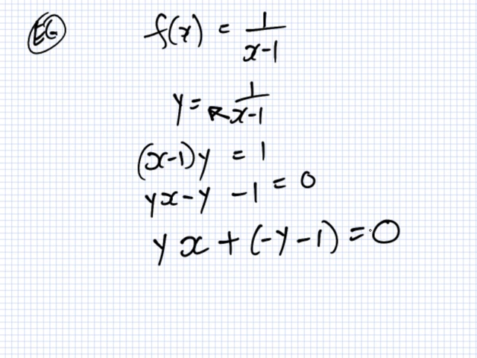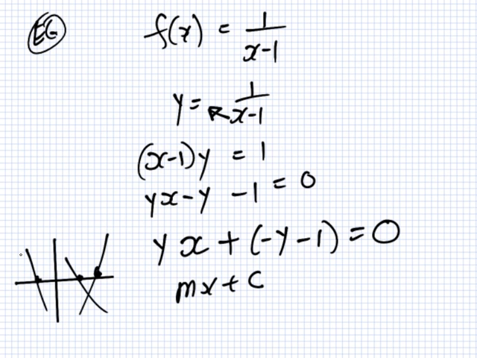Can I solve this for any value of y? No. There's one value of y that will make the equation not solvable. What is it? 0. Because if you think about this, this is like mx plus c. This is always solvable except in one situation, and that's when the line is parallel to the x-axis. It won't cross the x-axis.